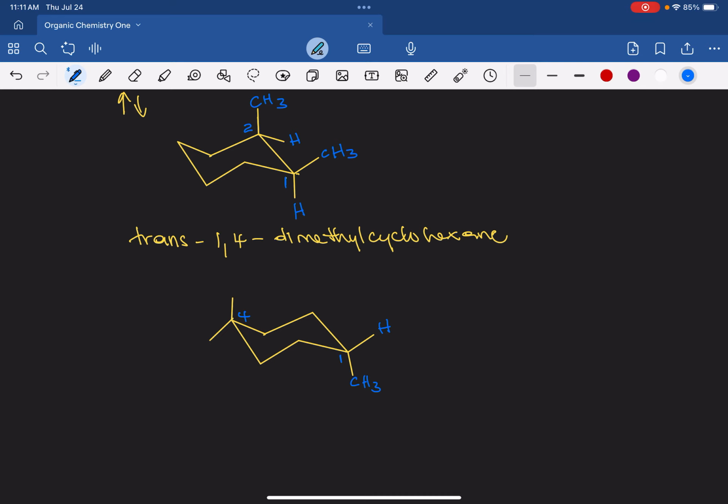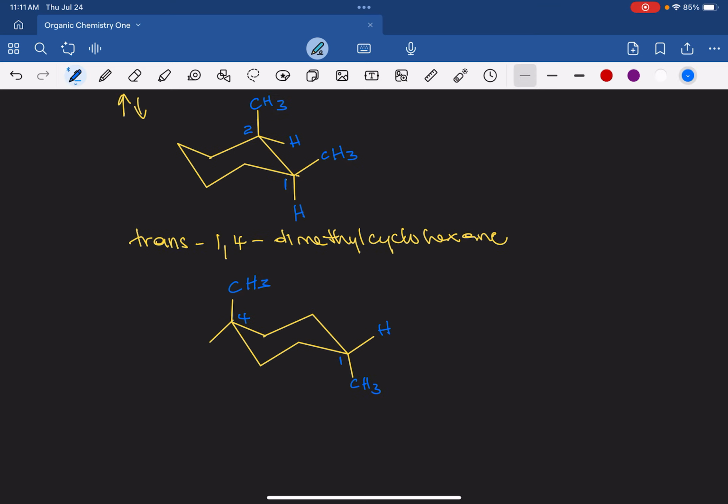Go over to carbon 4. I have an axial bond that's up and an equatorial bond that's down. My CH3 here is down and it must be on opposite sides. So if it's down, in order for this to be trans, my other bond has to be in the up position. So it's got to be up and down.